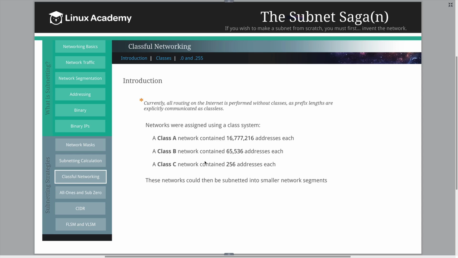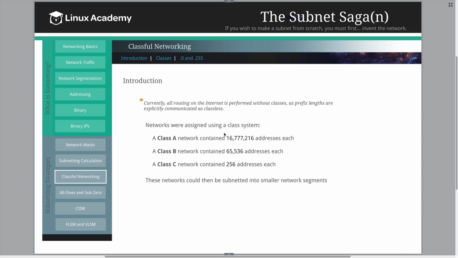What if you needed 500 addresses? Then you were wasting 65,036 of them. What if you needed 100,000 addresses? Then you're wasting 16.6 million addresses. And as you can imagine, there's an upper limit to how many public IP addresses there are.